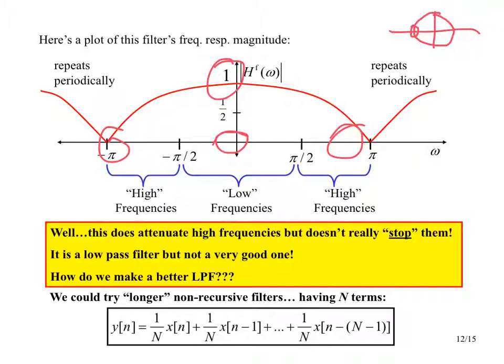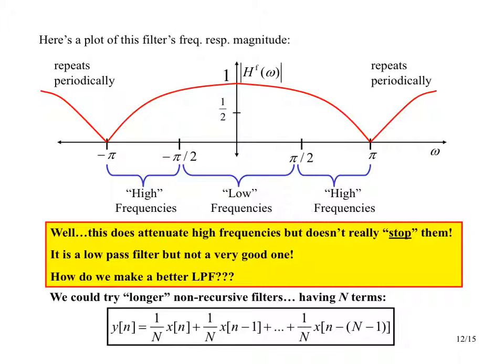So we've got this, and we see that it is a low-pass filter, and it's passing some low frequencies and stopping or attenuating to some degree some of the high frequencies.